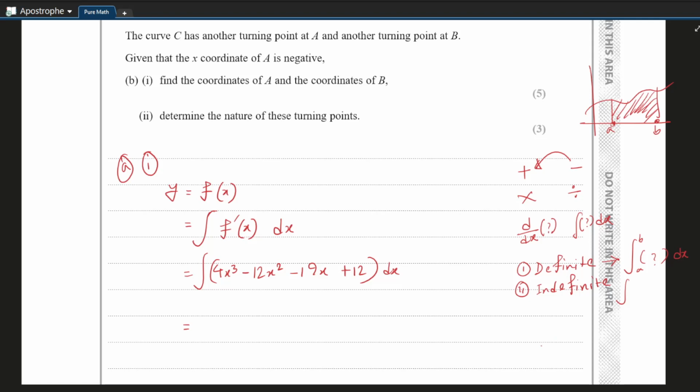So we apply the formula for x to the power n. When we integrate x to the power n, we get x to the power n plus 1 divided by n plus 1. Since this is indefinite, we have to add a c. So 4x to the power 4 divided by 4 minus 12x cubed divided by 3 minus 19x squared divided by 2 plus 12x plus c. c is a constant.